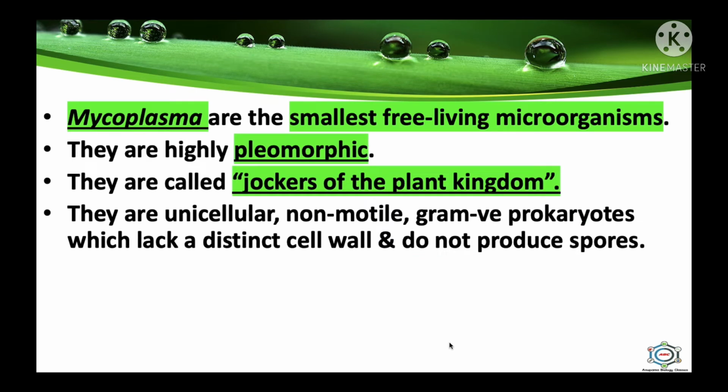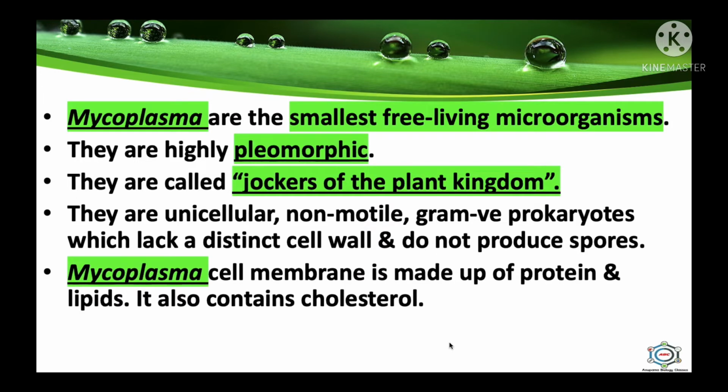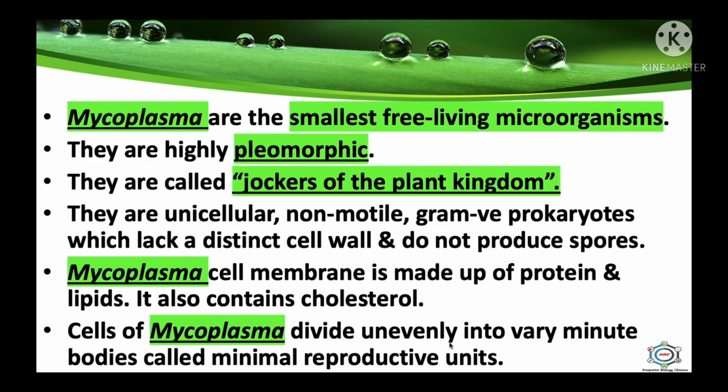They are unicellular, non-motile, gram-negative prokaryotes which lack a distinct cell wall and do not produce spores. The cell membrane of mycoplasma is made up of proteins and lipids. It also contains cholesterol. And cells of mycoplasma divide unevenly into very minute bodies called minimal reproductive units. So these are the short characters of the mycoplasma.